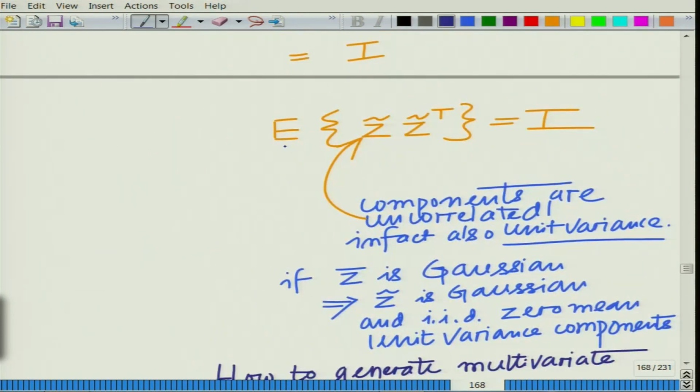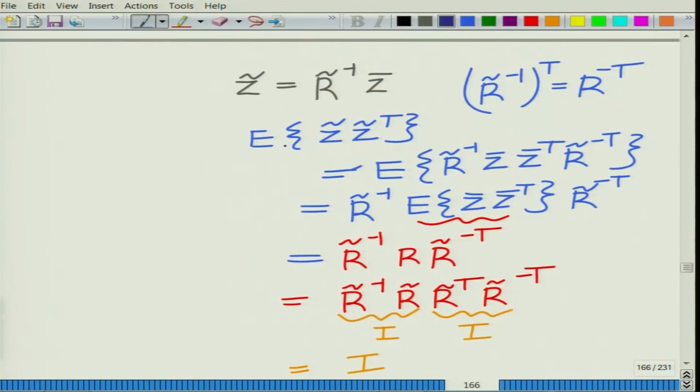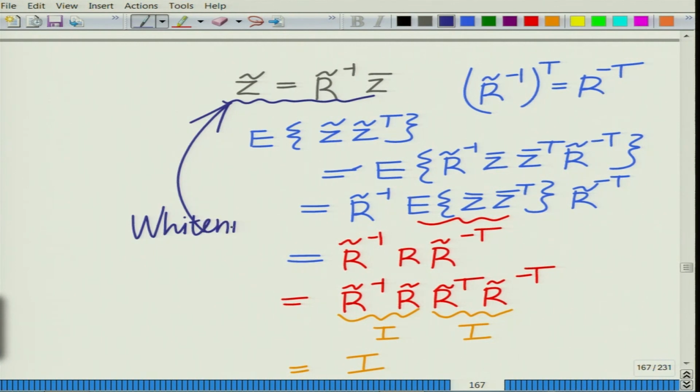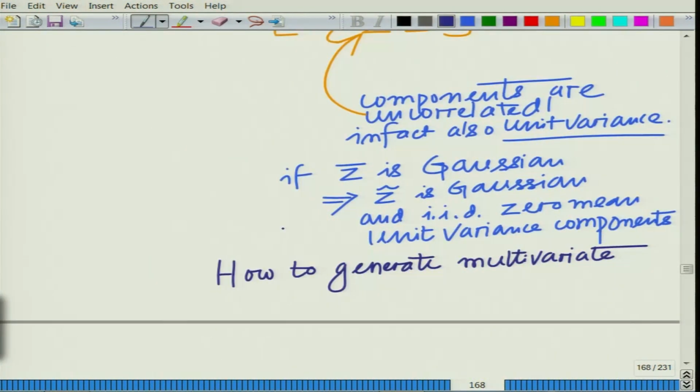This process, where you have z tilde equal to R tilde inverse z, is termed as whitening. Why is this termed as whitening? Because it results in white or uncorrelated components, because z tilde contains uncorrelated components.